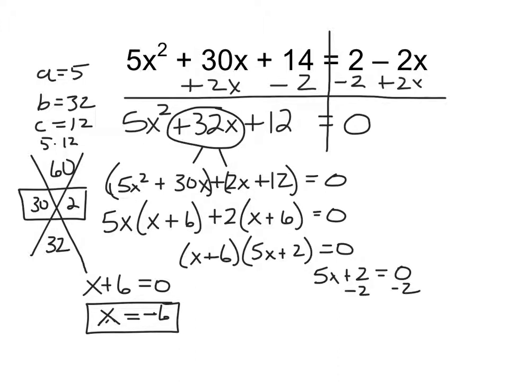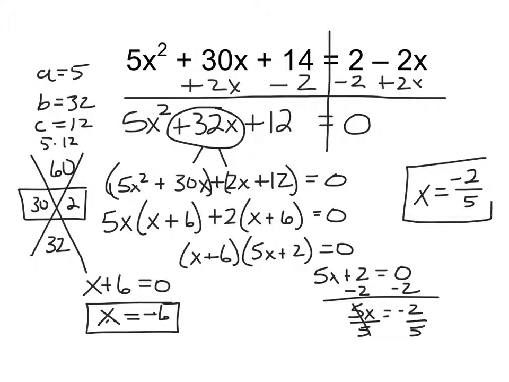So 5x equals negative 2, and then I've got to divide by 5. So in this case, my 5's cancel out, and x is going to equal negative 2/5. And yes, that is okay and very possible for you to get a fraction as a solution. Okay, but you'll notice I have two answers here. Again, one is negative 6, and one is negative 2/5.